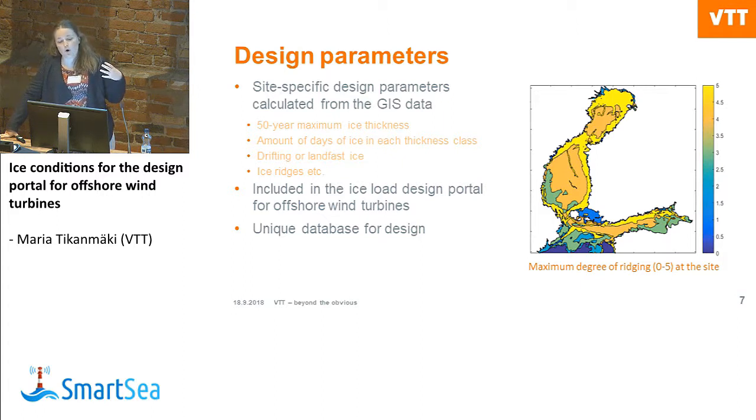Then you have to know how many days of 20 centimeter thick ice you will have during the lifetime of the wind turbine. You have to know whether the ice is drifting or staying at the same spot, or if there are ice ridges or something like that. So you have to get the whole picture of what kind of ice environment there is.